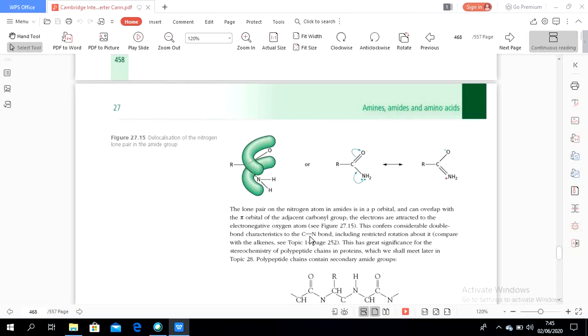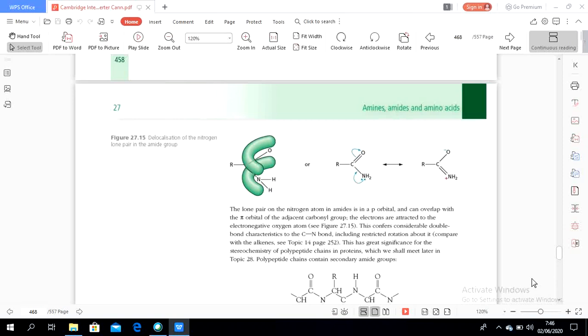No, it has double bond character, and so restricted rotation about the C-N bond. Compared with alkenes, this is different. This has great significance for the structure and stereochemistry of the polypeptide chain in proteins, which we shall meet later in topic 28 about nitrogen compounds again.